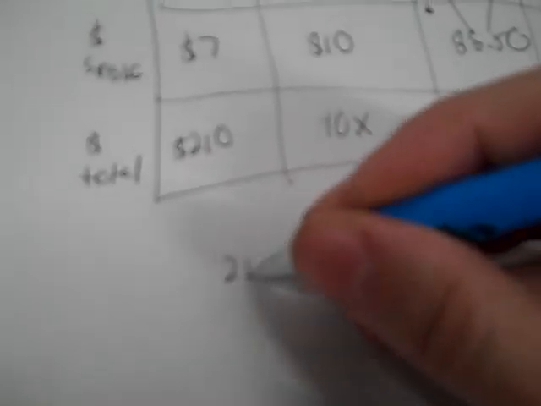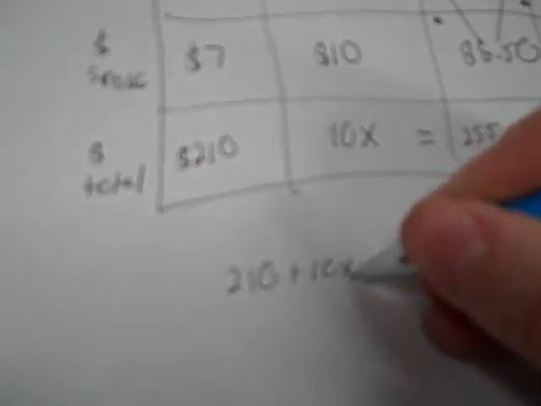Okay, now here's what they want to do. They want to know after how many vanilla pounds, the X, would selling these separate amounts equal what you get when you sell them together. So I have 210 plus 10x equals 255 plus 8.50x.